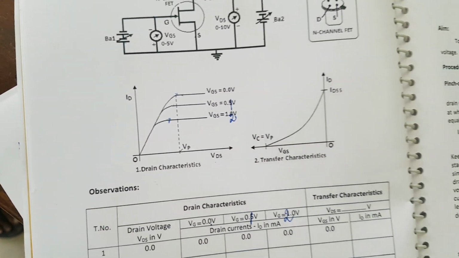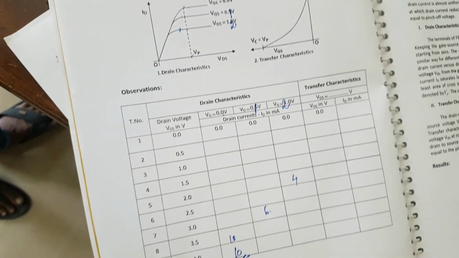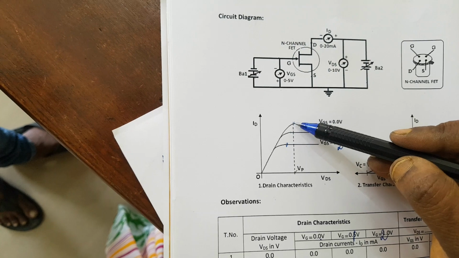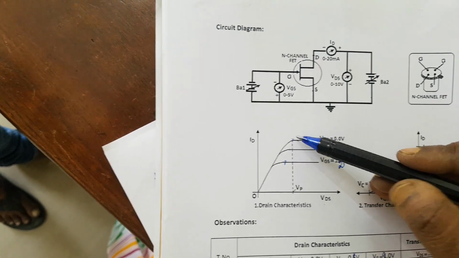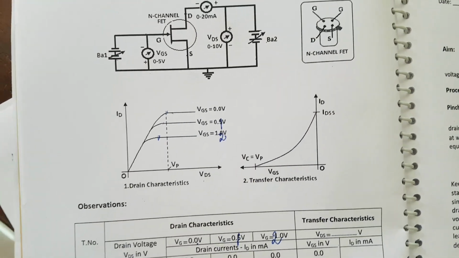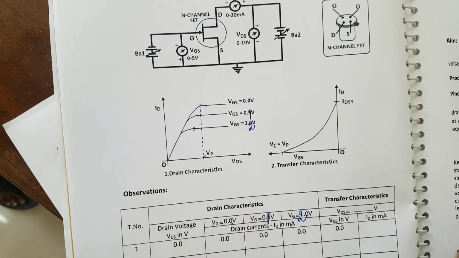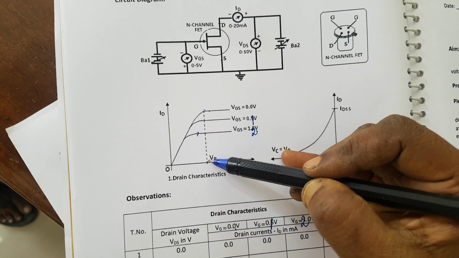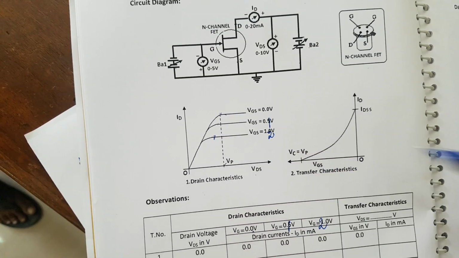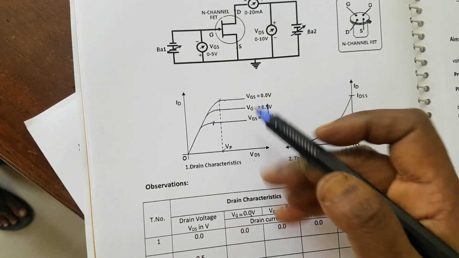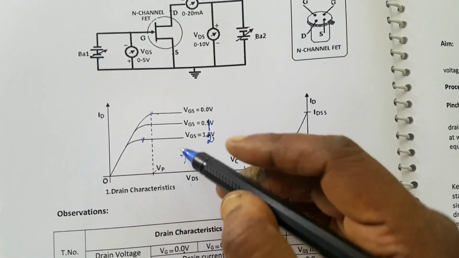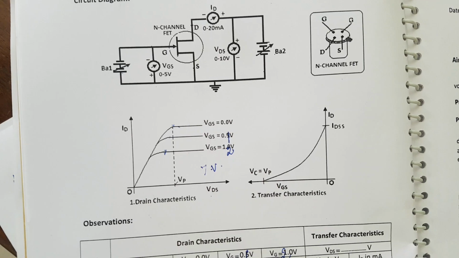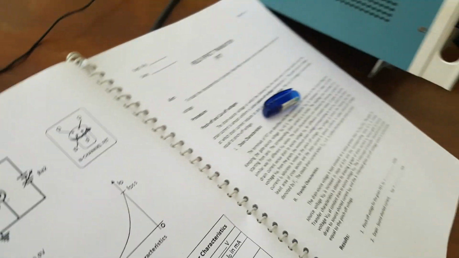In order to determine the pinch off voltage, we have to drop a perpendicular at a point where it will remain saturated or constant for all the 3 curves. For the FET I have done earlier, it will be around 7 volts. Okay. Now let us do the second part.